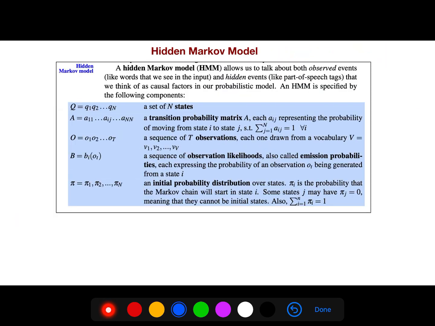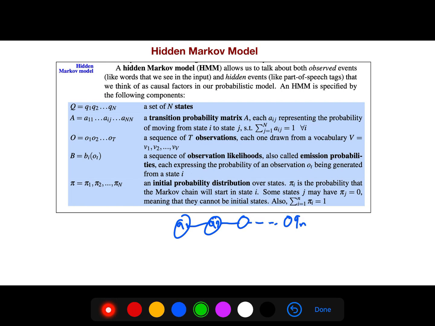So let's skip it. In a hidden Markov model, we have a set of states, Q1, Q2, Q3, Qn. We don't know about them. For example, they are parts of speech, or they are named entities in NLP, and we don't know them.